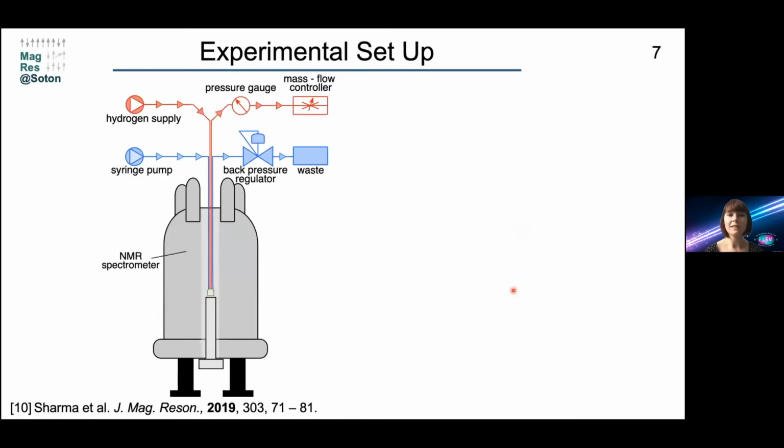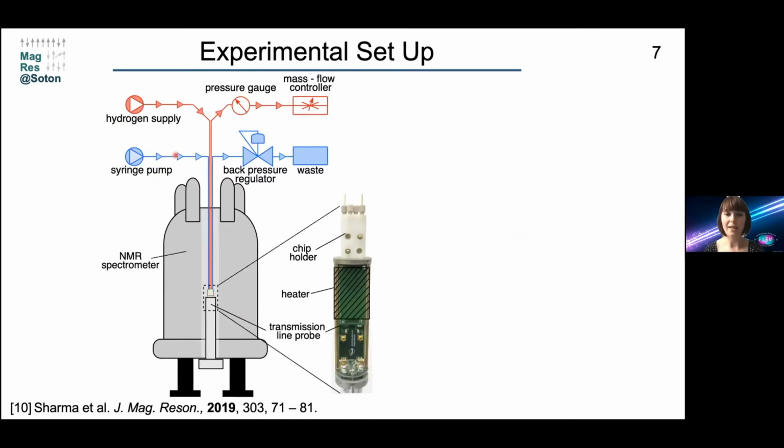All of our experiments are performed in a high field NMR spectrometer, and the gas is delivered externally from the magnet, from a Bruker parahydrogen generator, and the precursor solution is delivered using syringe pumps. Inside of the NMR spectrometer, our chip sits in our home-built transmission line probe, which ensures planar orientation of the chip.